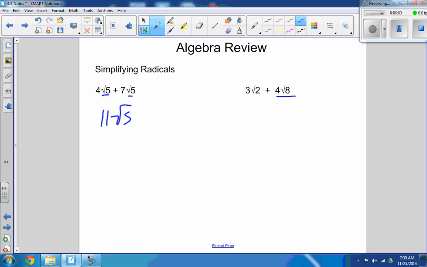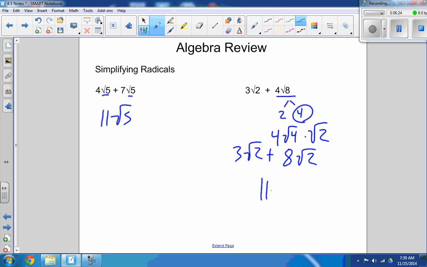What I can do is simplify 4 square root of 8. 8 is 2 and 4, so I know 4 reduces, so that's 4 times square root of 4 times square root of 2. 4 times 2 is 8 square root of 2. So now I can add those. 3 square root of 2 plus 8 square root of 2 is 11 square root of 2.